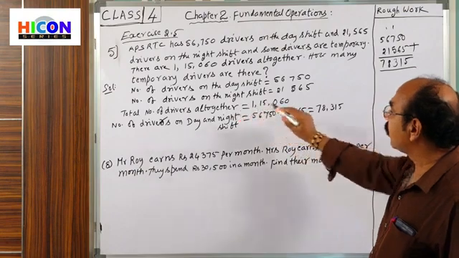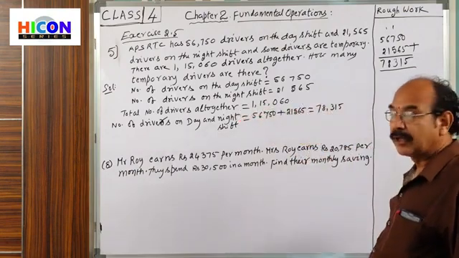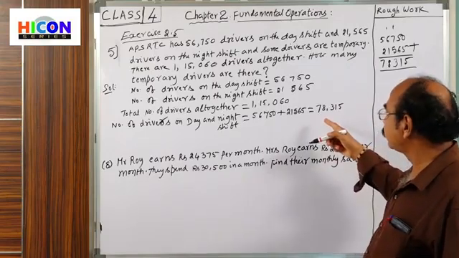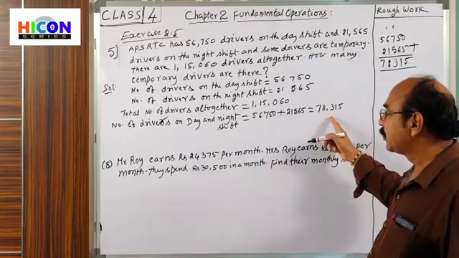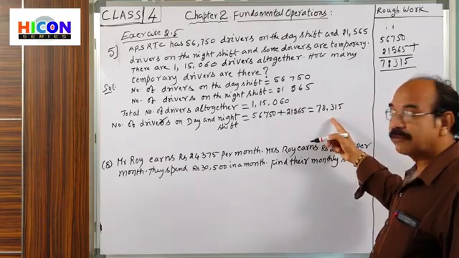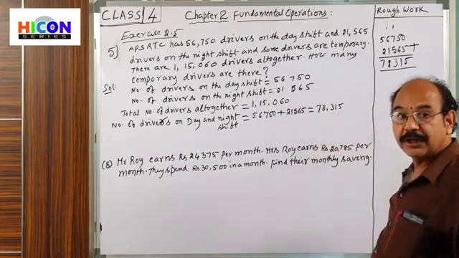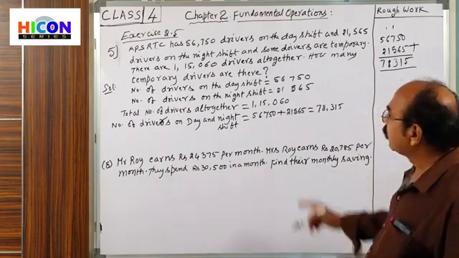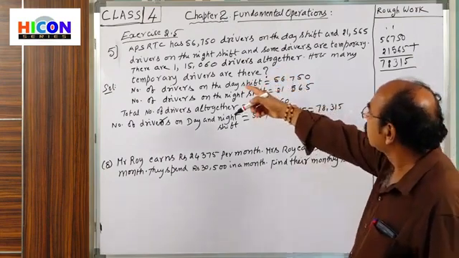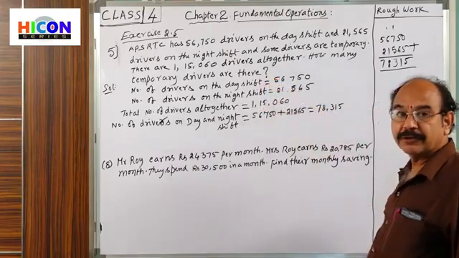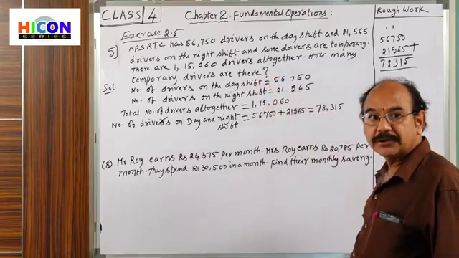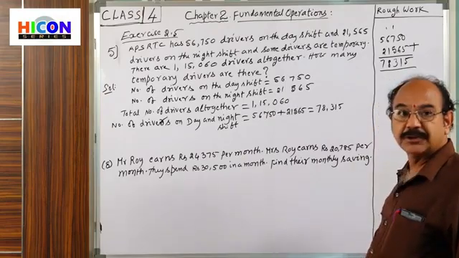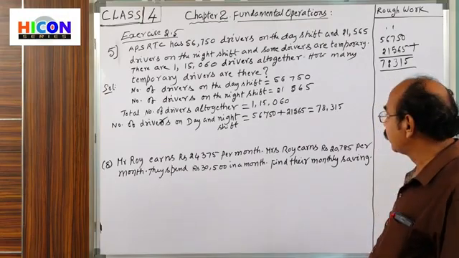Total number of drivers altogether given. Now from the total, if you subtract this day and night shift drivers, 78,350 we got, then we get the number of temporary drivers. How many temporary drivers can we get?